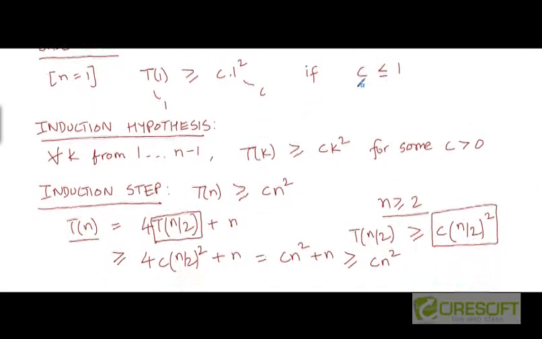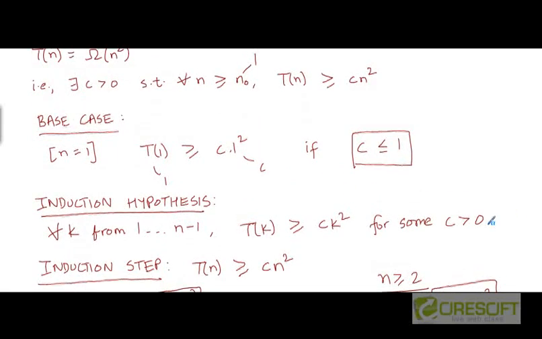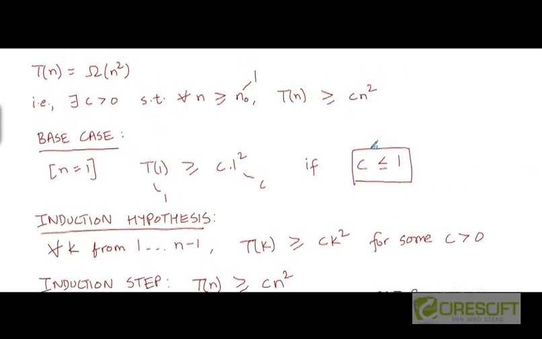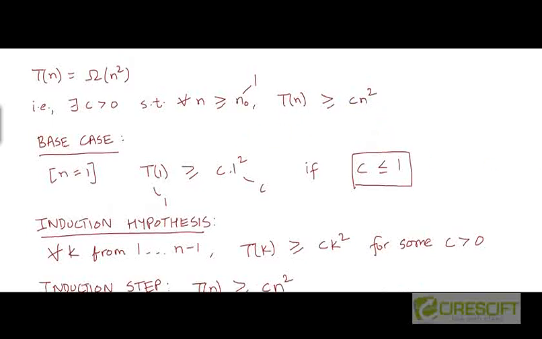Now this constant C needs to be less than or equal to 1. That is the only constraint on C, apart from the fact that it needs to be a positive constant. We didn't get any additional constraint on C from here because this claim is always going to be true. So if we choose C to be equal to 1, for example, then the claim is actually true, or we could choose C to be 0.5.